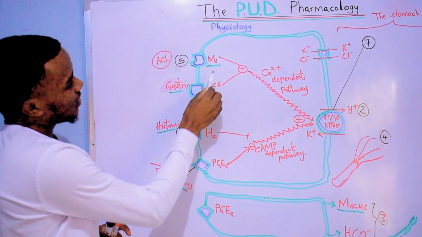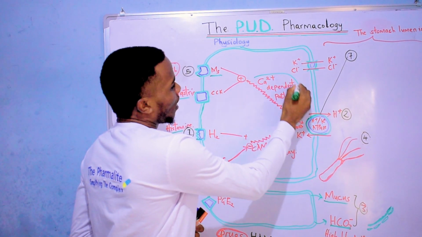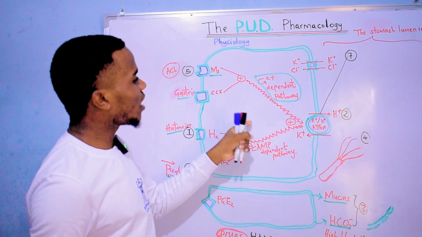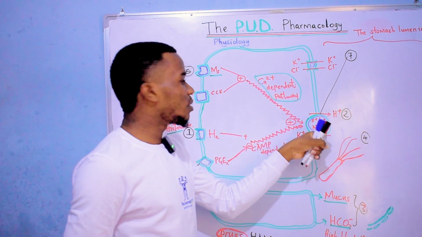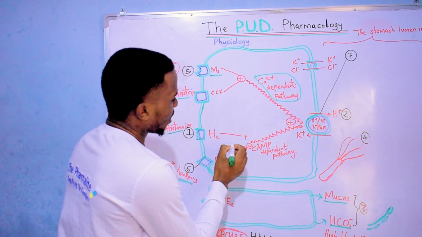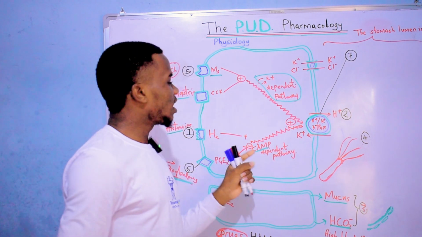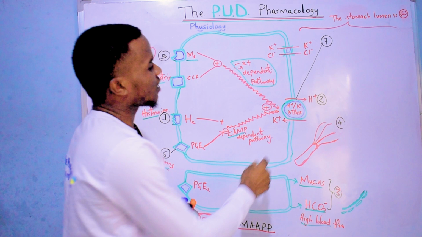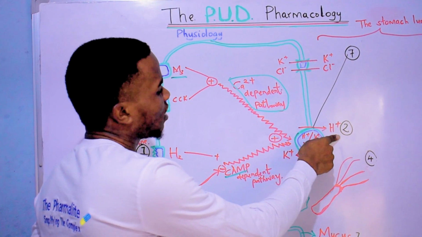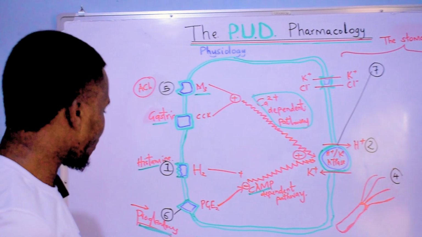Gastrin and muscarinic receptors produce calcium ions, and the calcium ion is the one that stimulates the proton pump, while histamine produces cAMP, which is cyclic adenosine monophosphate, which stimulates the proton pump, and the proton pump pumps a hydrogen ion in exchange for a potassium ion.